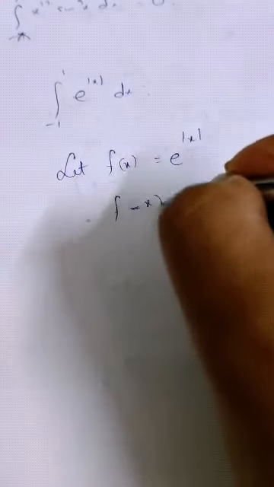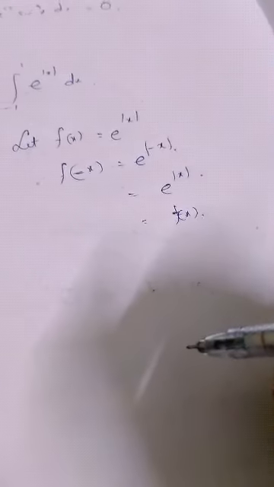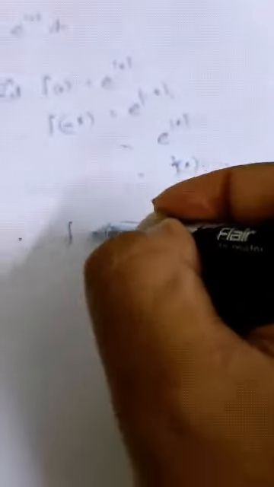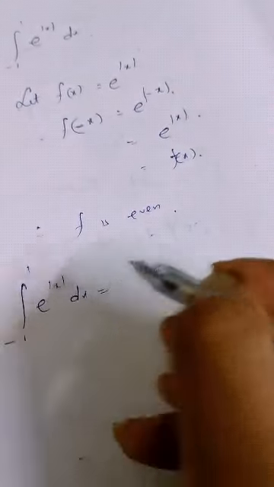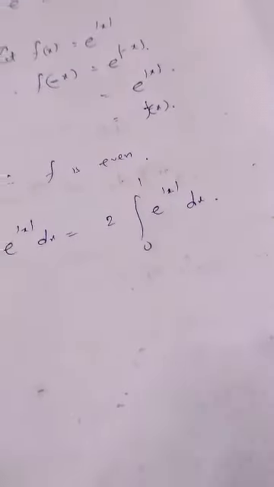So, f of minus x is e to the power minus mod x, which is e to the power mod x, which is nothing but f(x). So this time we got f of minus x equal to f(x). Therefore, f will be an even function. If f is an even function, then the integral from minus 1 to 1 of f(x) dx is twice the integral from 0 to 1 of f(x) dx.